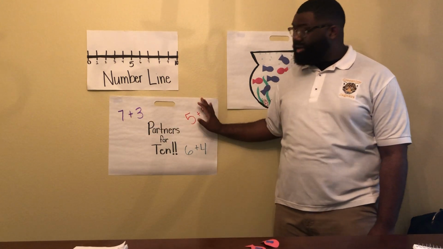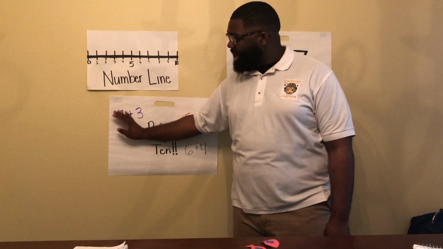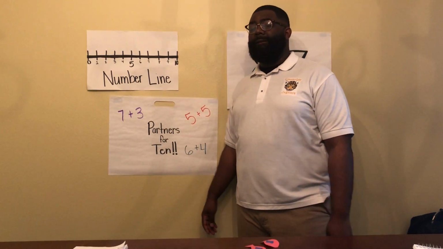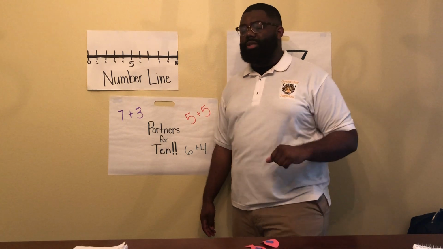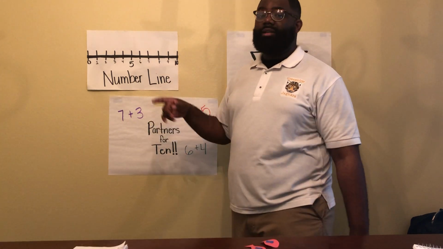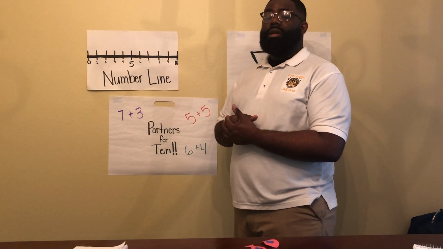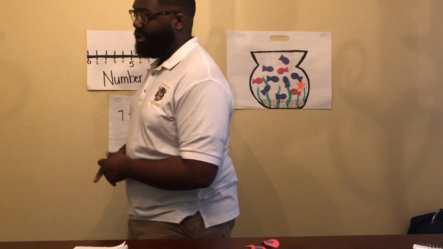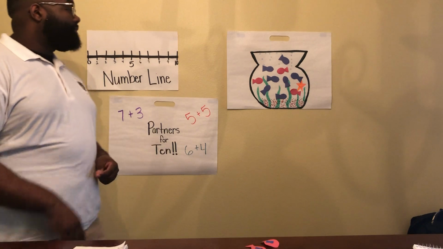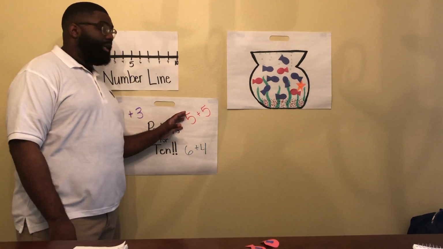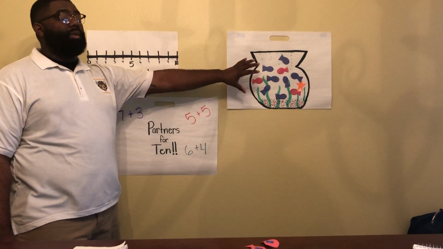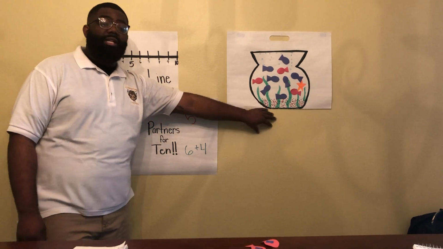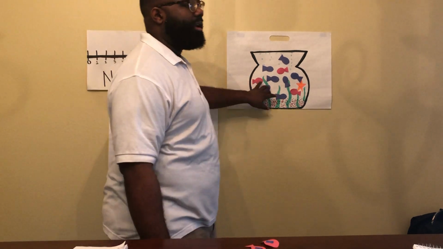So what we're going to do now, we're going to fill up this entire page with ways to get to 10, okay? But I'm going to let you go back to your table and you're going to work on a sheet and figure out different ways to make 10, okay? So on your sheet, there are several fish bowls, and there are some blue fish in the tank already.